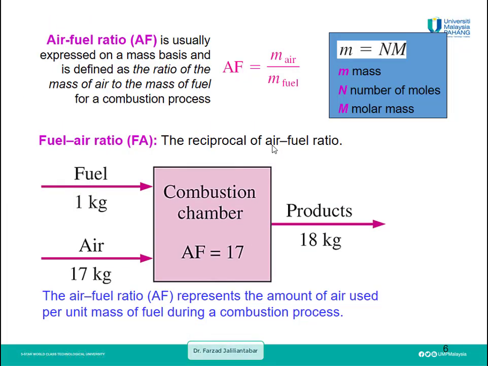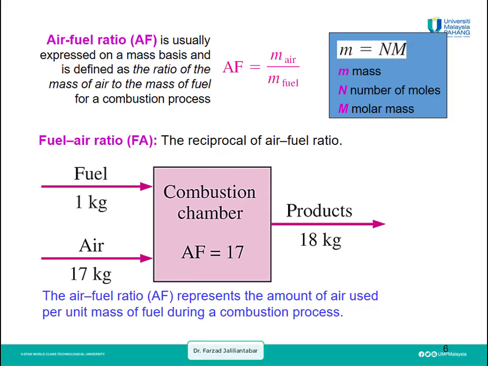One more important thing about combustion is the air-fuel ratio. As I mentioned before, combustion is a result of a reaction between the air and fuel. And also the combustion will start when a specific proportion of air and fuel are mixed.